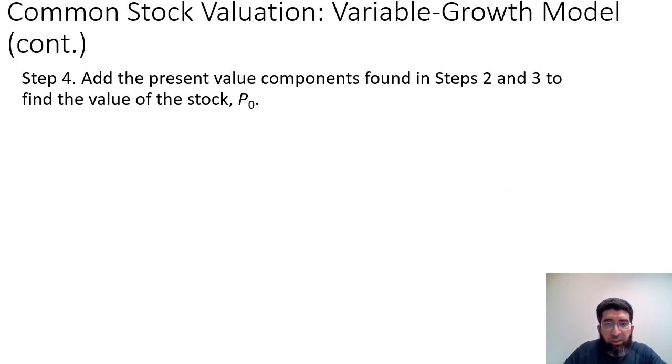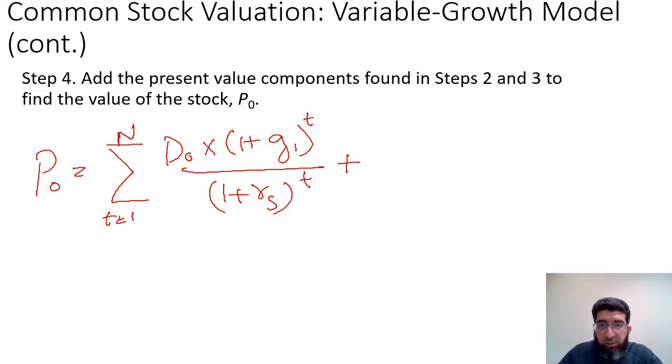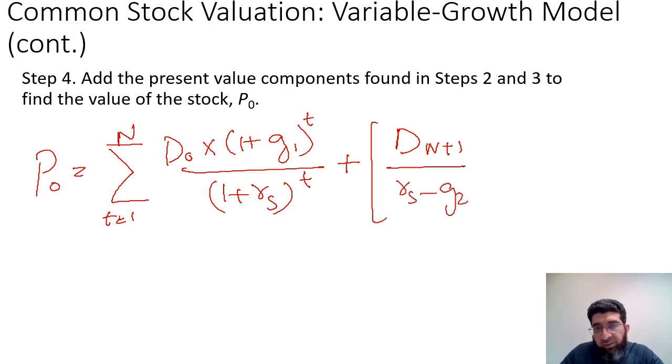When we combine these two steps, step 2 and 3, we get the price of the stock, which is P0 equals the summation t equal to 1 up to n of D0 times (1 plus g1) to the power t over (1 plus rs) to the power t, plus the first thing that we calculate, Dn plus 1 over rs minus g2, and then we divide this whole term by the discounting term (1 plus rs) raised to the power n to bring it back to point 0.